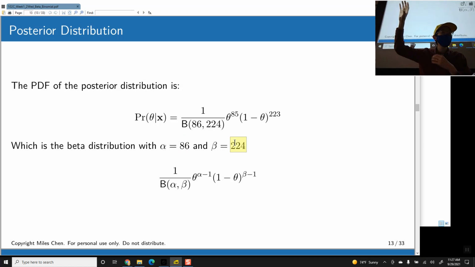Because he had 10 at-bats and 5 were hits and 5 were outs. So we're just basically adding the actual observed values to our parameters. And so now we have a slightly better informed model where we've got a total of 310 observations, where 86 are hits and 224 are outs.